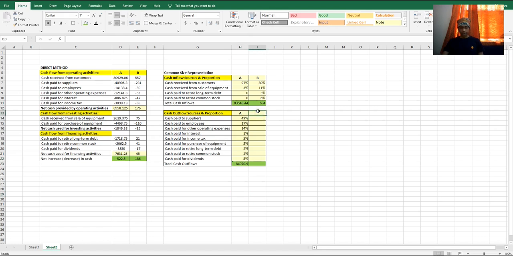Now we measure in case of B what the situation is. In case of B, the total outflows is equal to the sum of the first 5, plus purchase of equipment, plus cash paid for dividend. This is what is coming, right? For common stock and long-term debt, the contribution is 0 and 0.